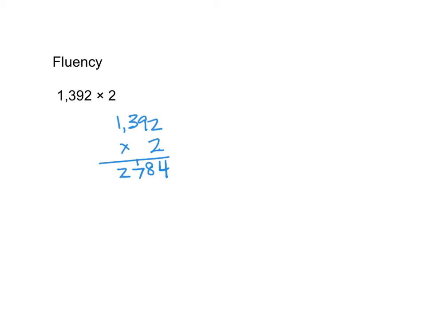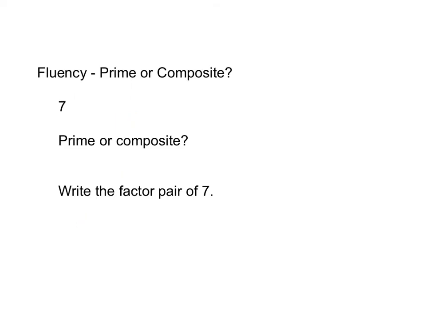So 2,784. 4 factors would be 1, 2,784, and 2, 1,392.